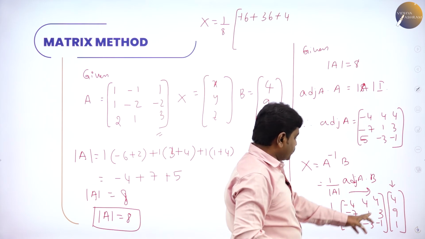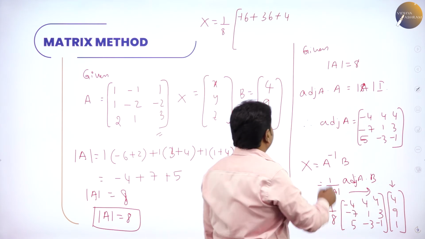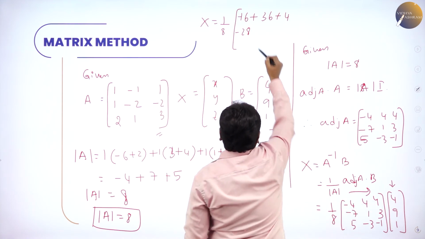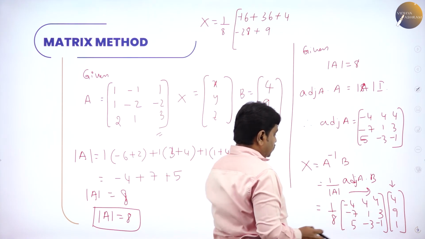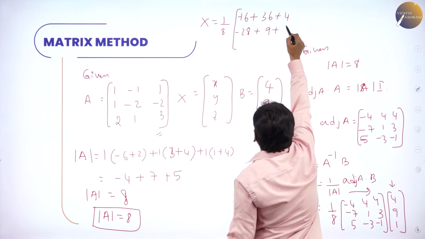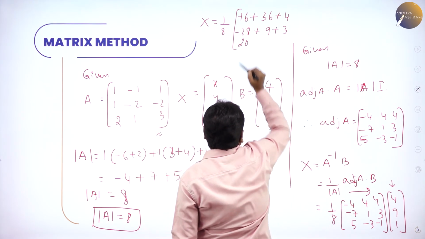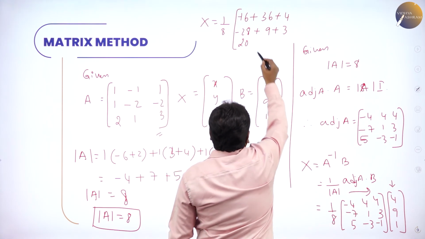Then second row with first column: minus 7 into 4 is minus 28, then 1 nine is 9, then 3 ones are 3. Then last row: 5 fours are 20, minus 27, minus 1.